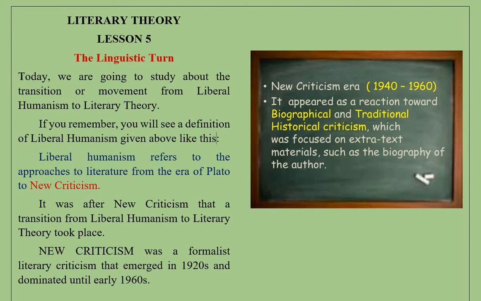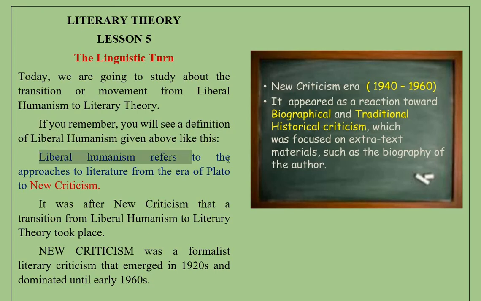Today we are going to study the transition, or movement, from liberal humanism to literary theory. If you remember, you will see a definition of liberal humanism given above like this.